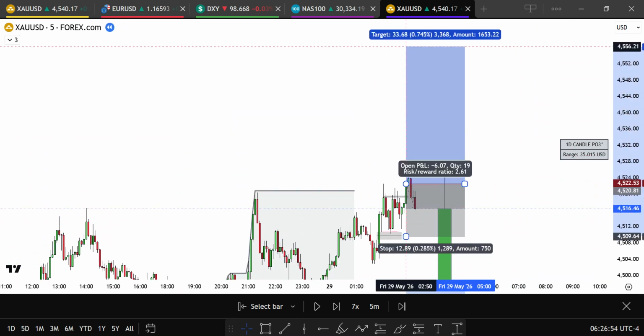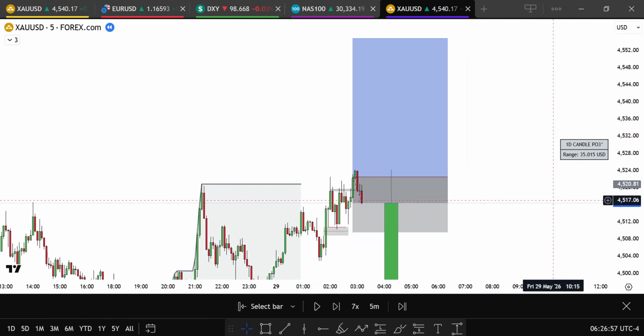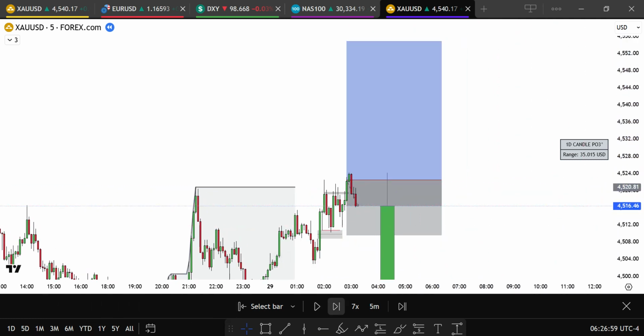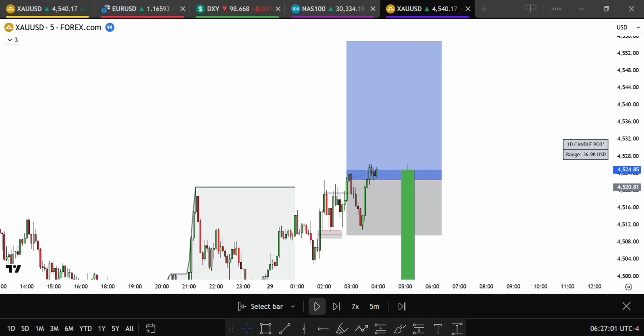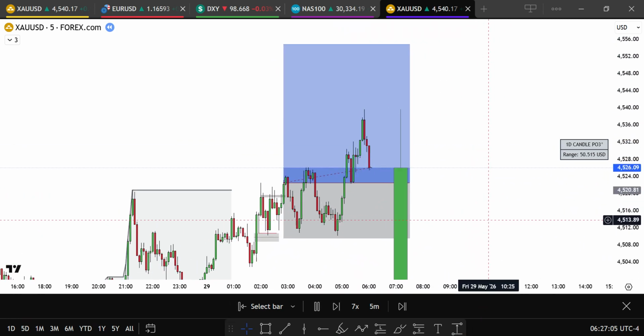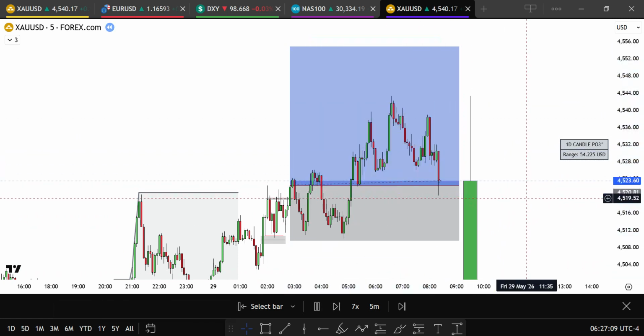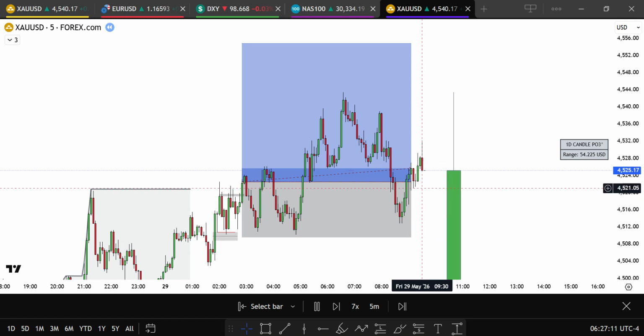And then I was targeting 2.5 RR, right? And then you can see price took a lot of time, but it hit my TP.